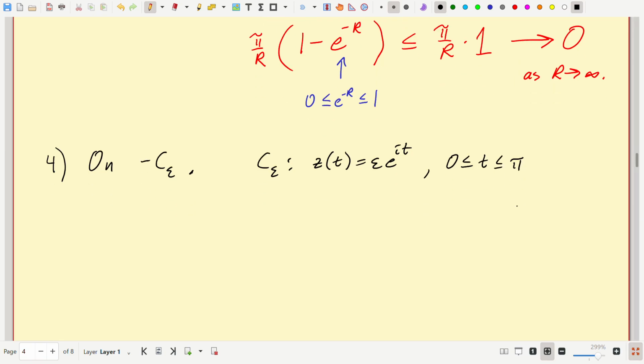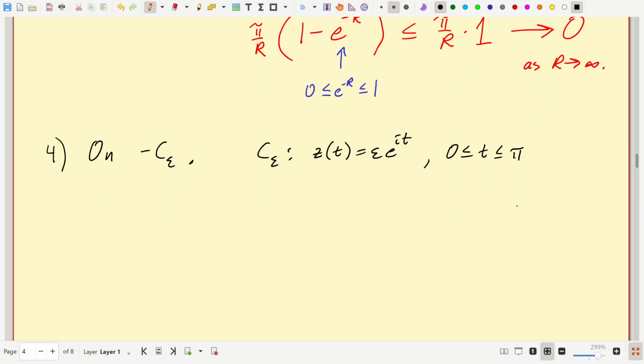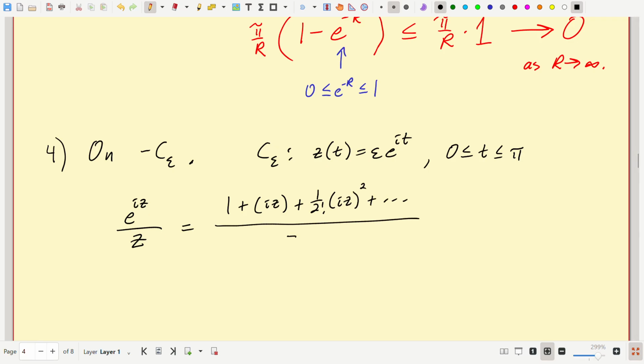Okay. And now let's see, I'm going to look at this more carefully. E to the iz over z. Here's how I could calculate the residue. E to the iz is 1 plus iz plus 1 over 2 factorial times iz squared plus dot, dot, dot. And we're dividing by z.